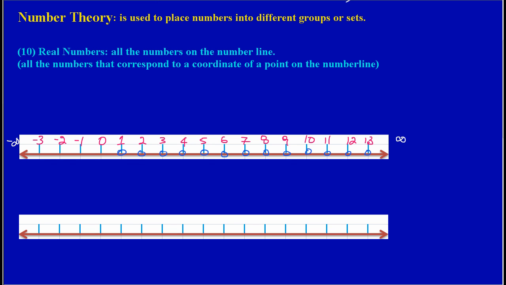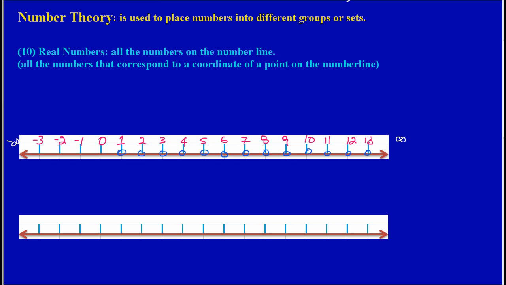So earlier, when we were given the teaching about counting numbers, if I should ask you to graph those numbers on this number line, the numbers that I've circled here would represent counting numbers.